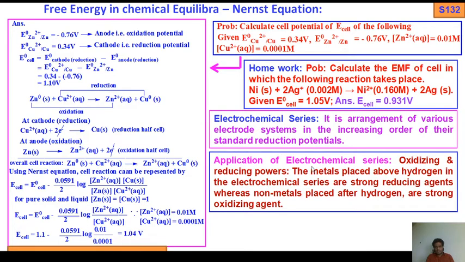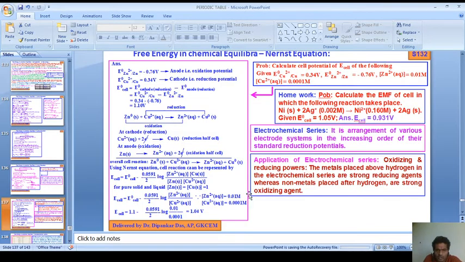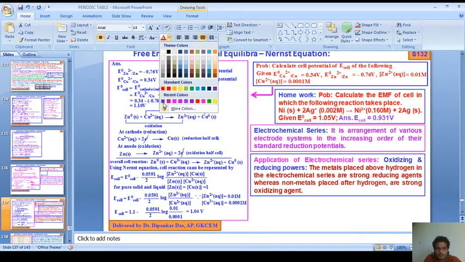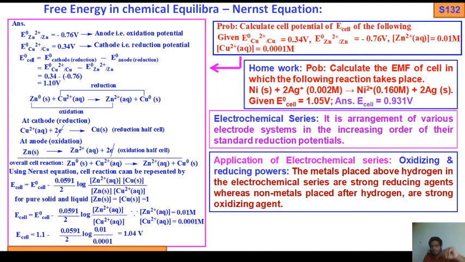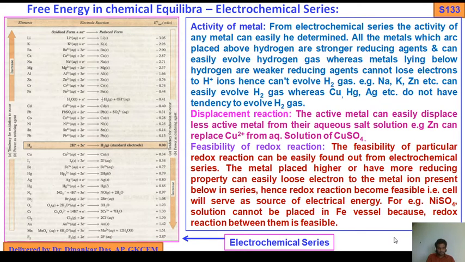Oxidizing and reducing power. The metals placed above hydrogen in the electrochemical series are strong reducing agents, whereas non-metals placed after hydrogen are strong oxidizing agents.